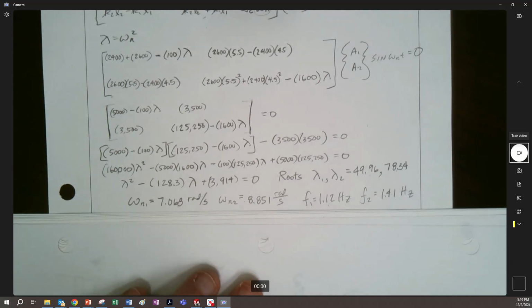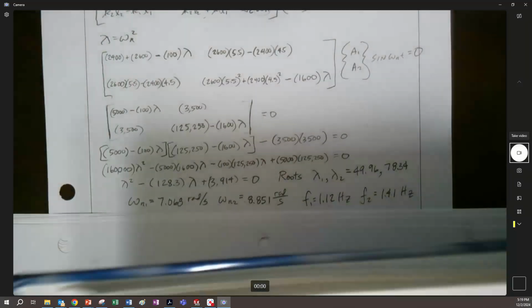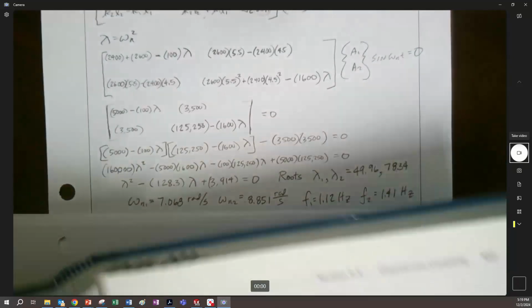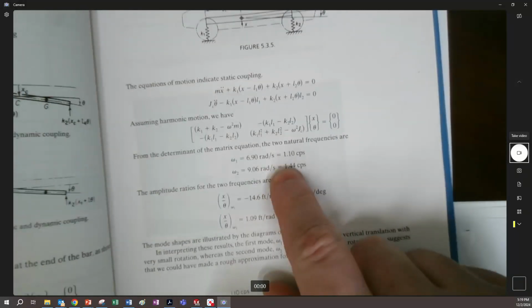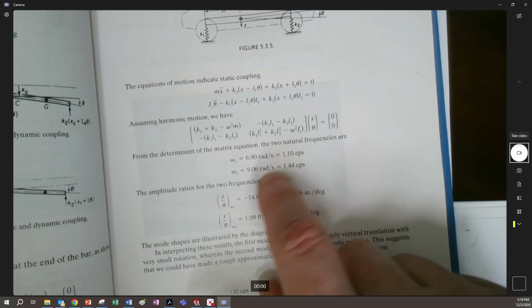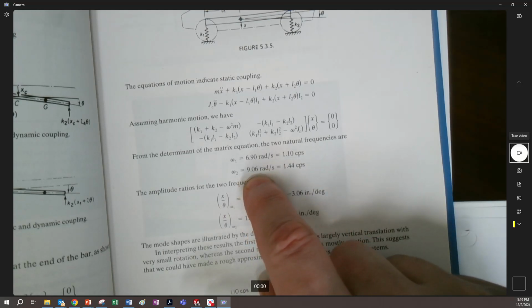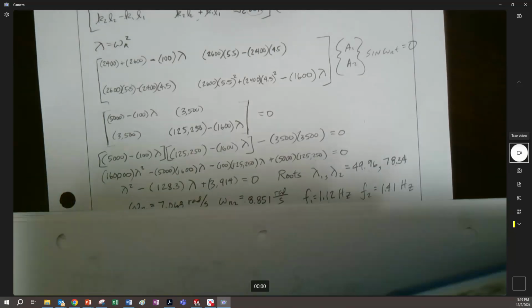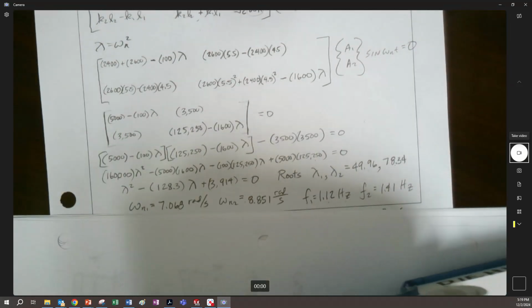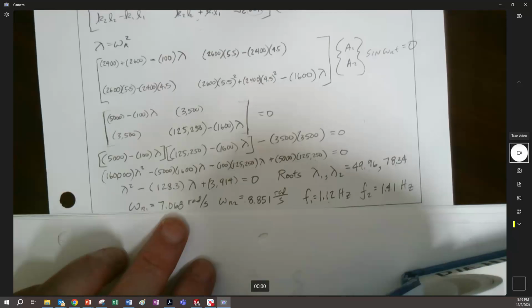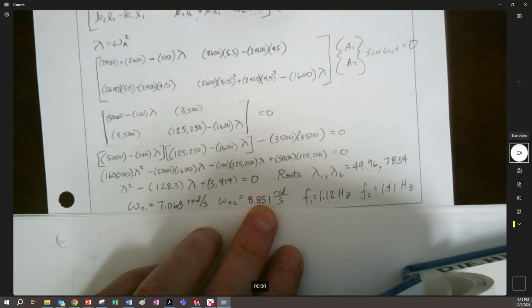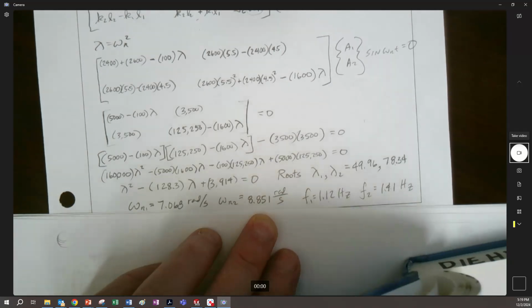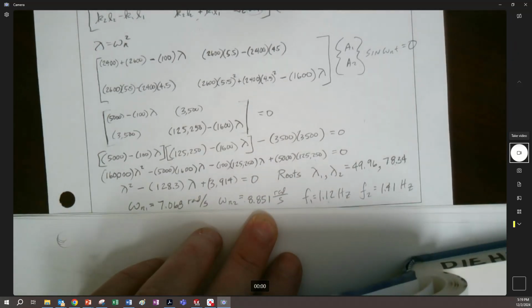It's a little bit off from what the book has. The book has these as 6.9 and 9.06. I don't feel terrible about that. So I'm a little bit off.